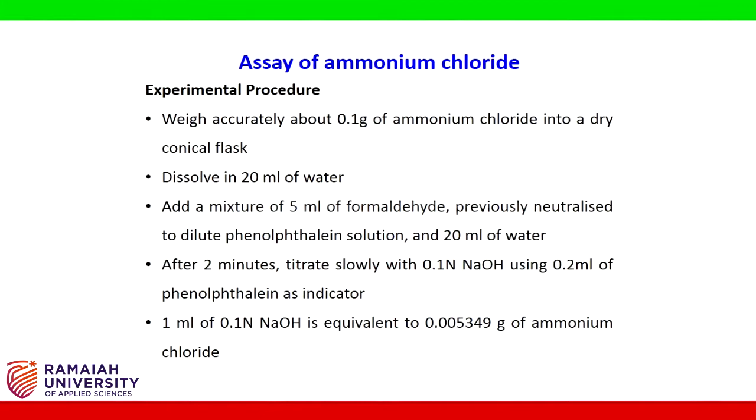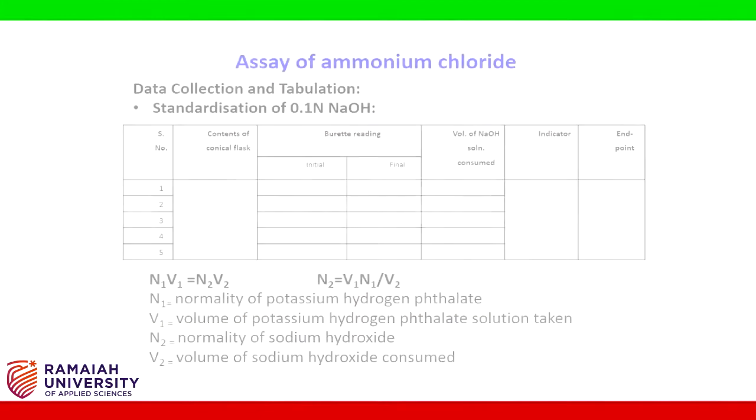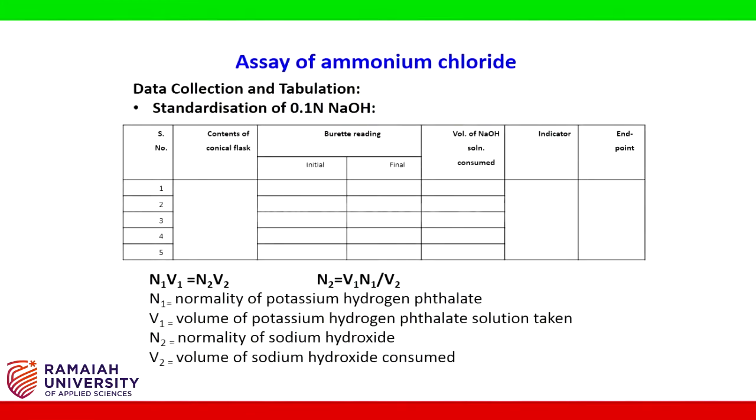1 ml of 0.1 normal sodium hydroxide is equivalent to 0.005349 grams of ammonium chloride. The results obtained are tabulated.